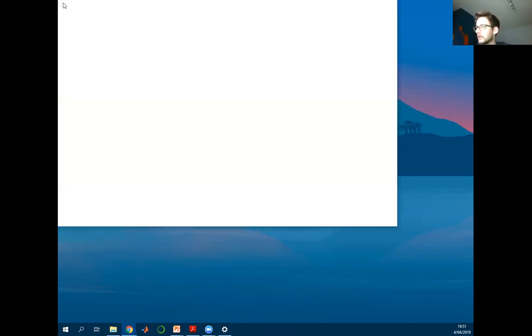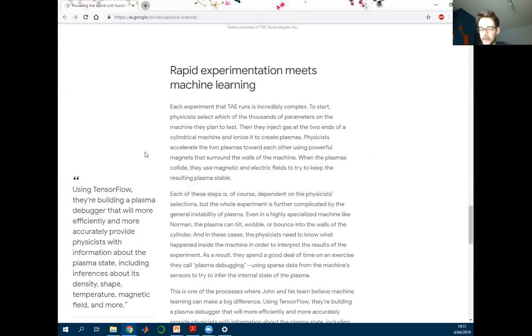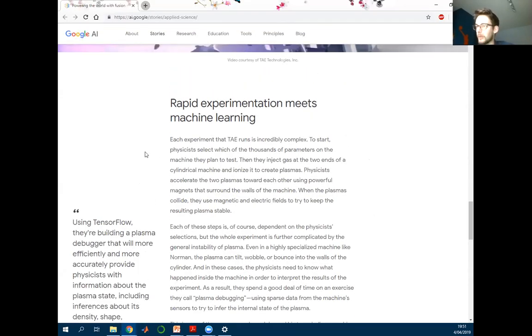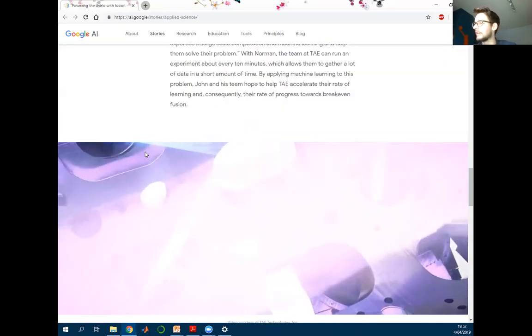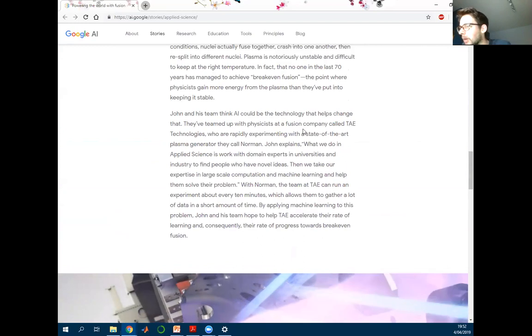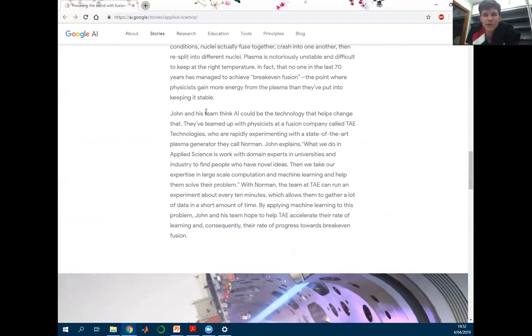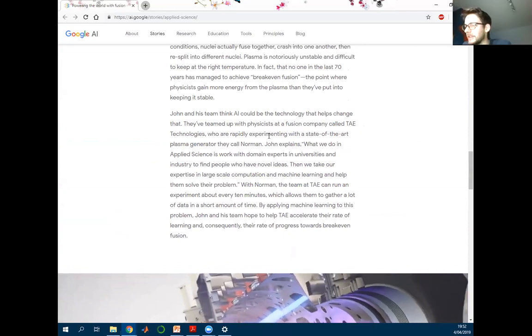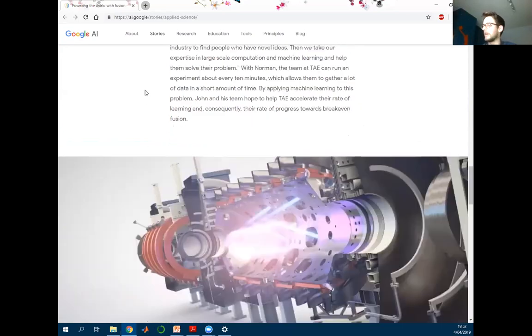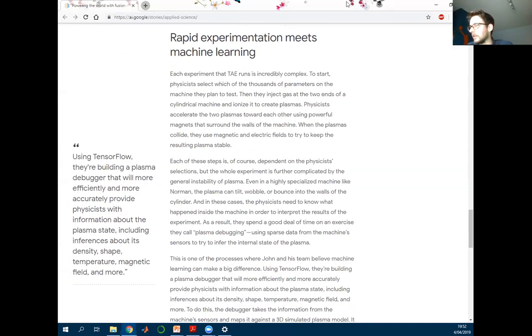So this is the article which we are talking about. This is indeed powered by Google AI, and as soon as Google jumps onto something, it becomes very huge. So this is Google cooperating with a fusion company called TAE Technologies, who are experimenting with a state-of-the-art plasma generator they call Norman. I don't know exactly what they are doing.